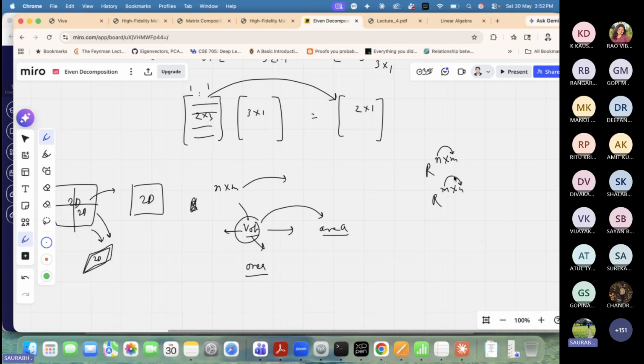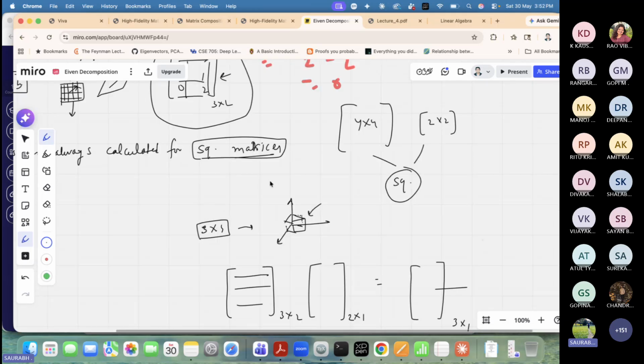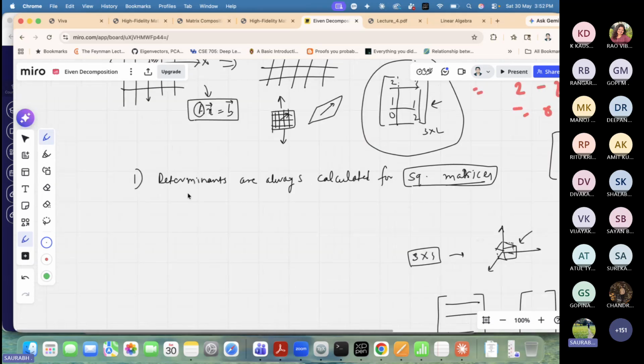Your dimensions are either getting diminished or enriched. You are moving to a higher dimension or a lower dimension. Hence, the concept of area and volume is gone. You cannot compare an area in a lower dimension with what happens in a higher dimension. But anyway, remember that determinants are always calculated for a square matrix.